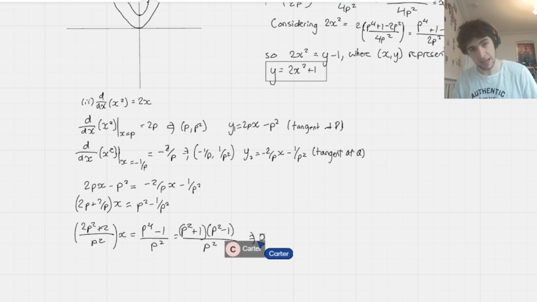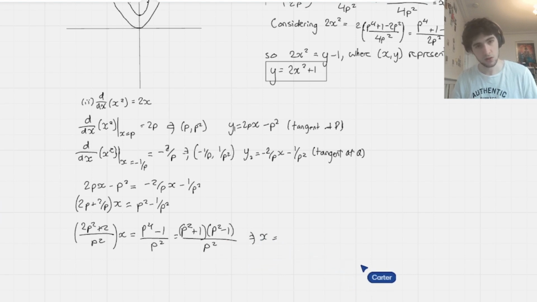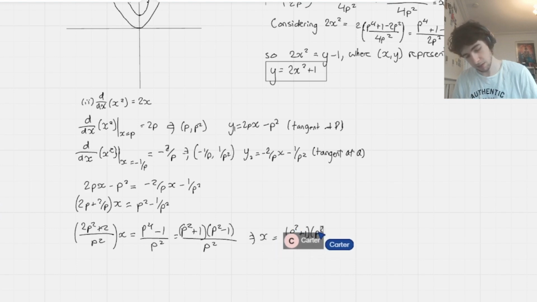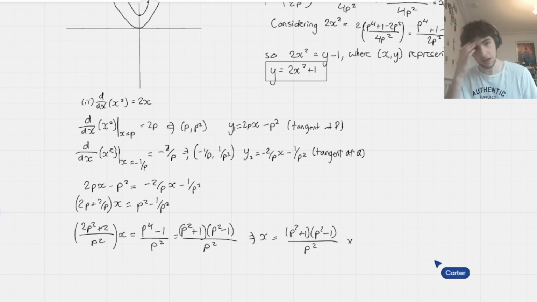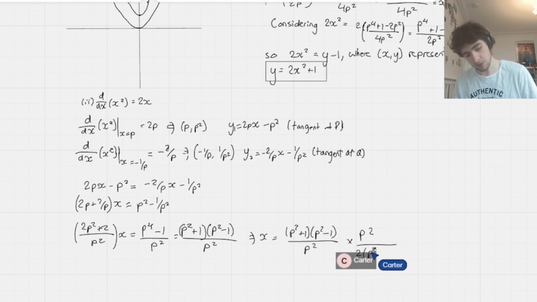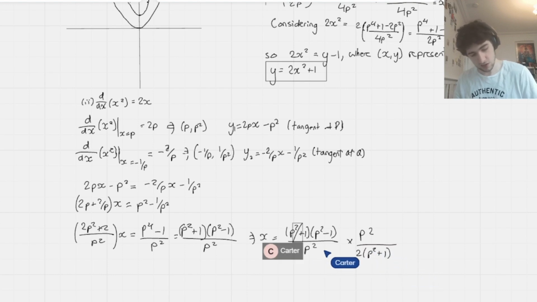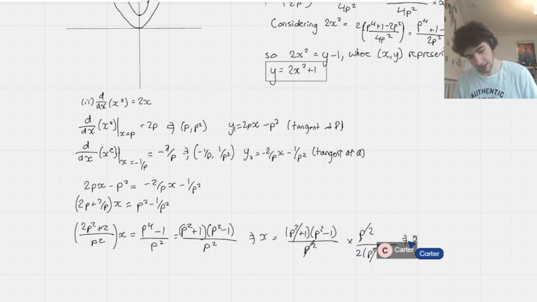So x is equal to p squared plus 1 times p squared minus 1 over p squared, times the reciprocal, p squared over 2 times p squared plus 1. So this cancels, this cancels, and I just get that x is equal to p squared minus 1 divided by 2.